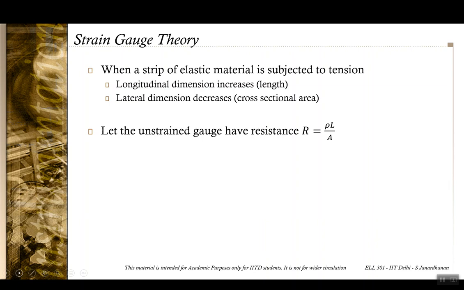So if you have a strip or a wire made of an elastic material, and you subject it to tension, that is, you stretch that material, the length is increasing and the cross-sectional area is decreasing. We know that the resistance of a piece of wire is rho L by A, where rho is the resistivity, L is the length of the wire, and A is the cross-sectional area.